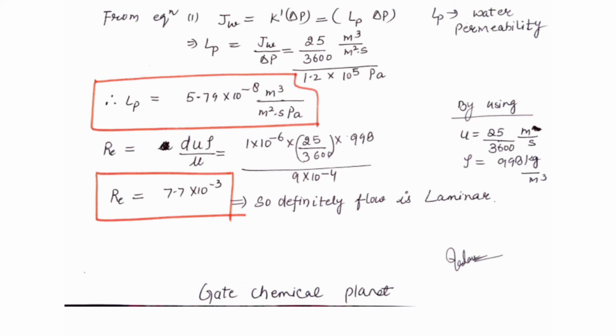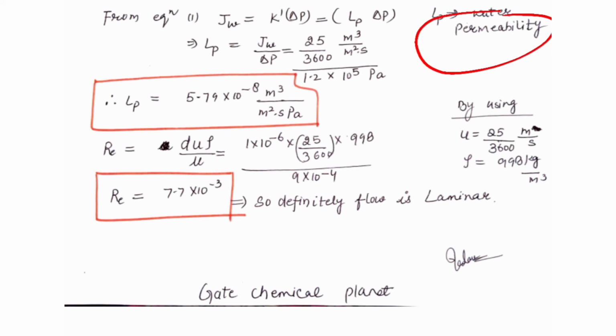Now we'll calculate the other thing, which is the liquid permeability, capital LP. From equation 1, we can write JW, the water flux, equals LP into delta P, where LP is the water permeability.